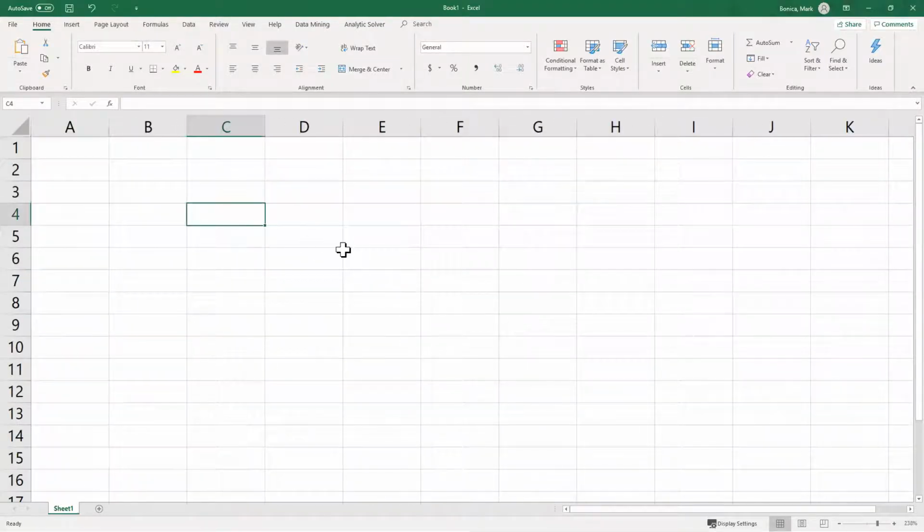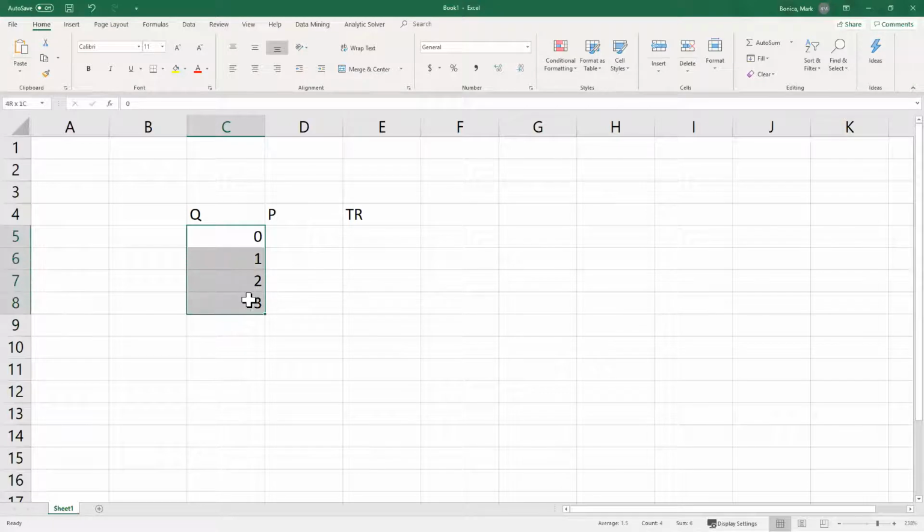All right. So if we set up our example here, let's say we have Q, and then we have P, and then we have total revenue. We start with Q of 0, 1, 2, 3. I'm just going to set it up using the same function I just did.